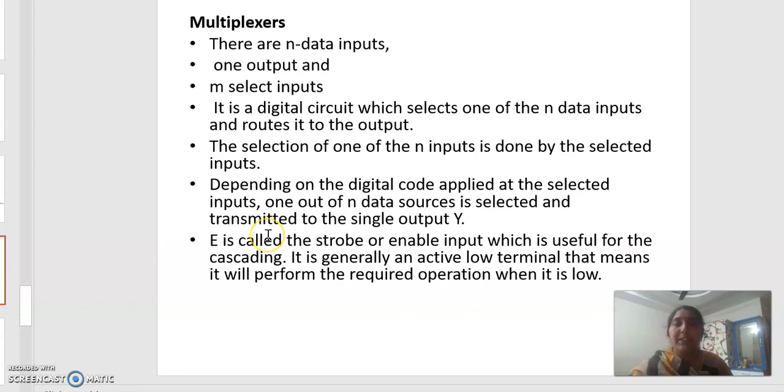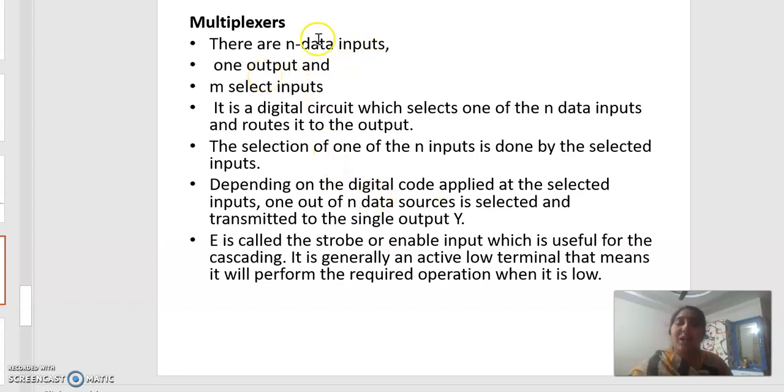Similarly, the next and most important combinational circuit is the multiplexer. The multiplexer contains n data input lines, 1 output line, and m selection lines. It is a digital circuit which selects one of the n data input lines and routes it to the output.